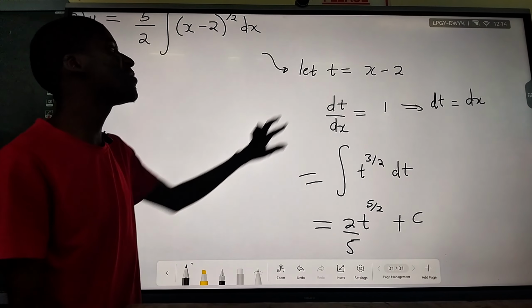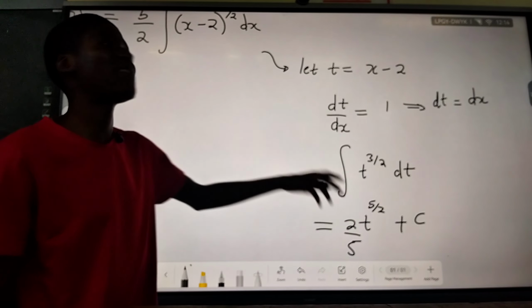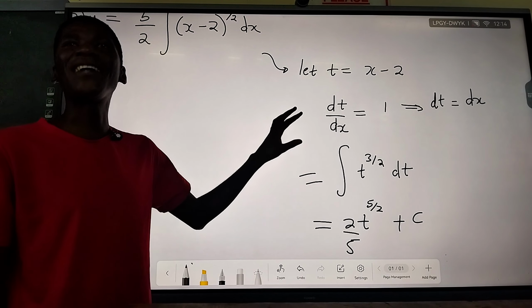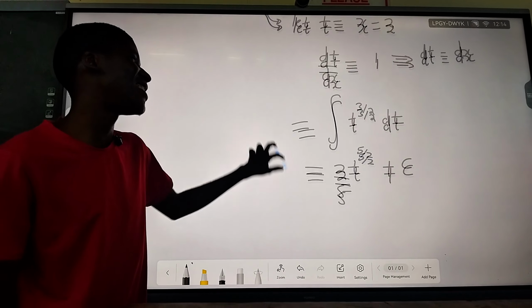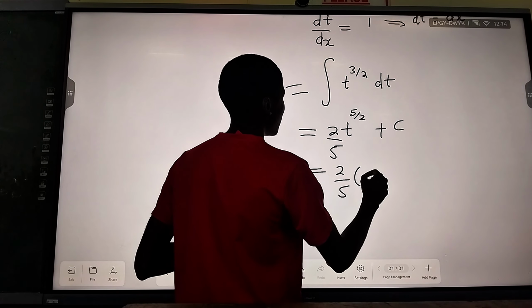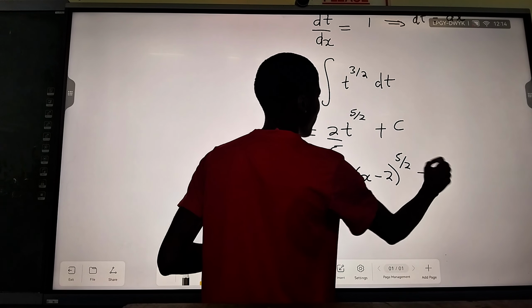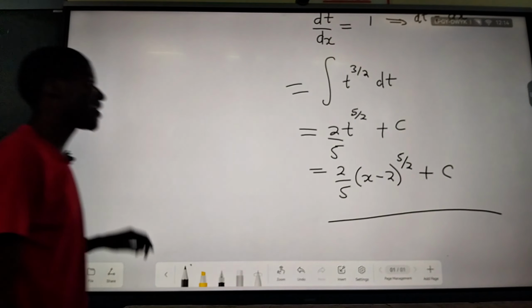Now, you take your x minus 2 and put it back here. You guys might have just done it the simpler way, but you do it in an emergency situation. So this is 2 over 5 times x minus 2 to the power of 5 over 2 plus c. So that's the value of the integral.